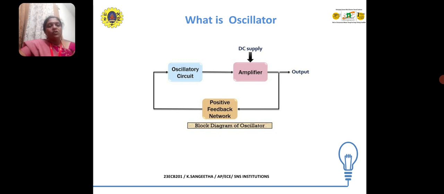Because in an oscillator we are using the main components: an amplifier and a positive feedback network. Due to the thermal noise produced in the components in the feedback network, the oscillator itself can produce different types of waveforms. So let us discuss the feedback.